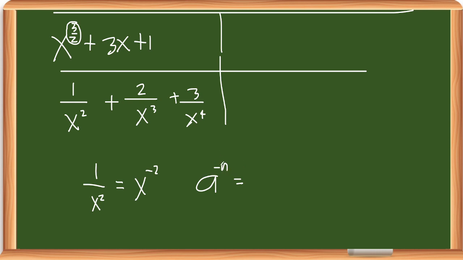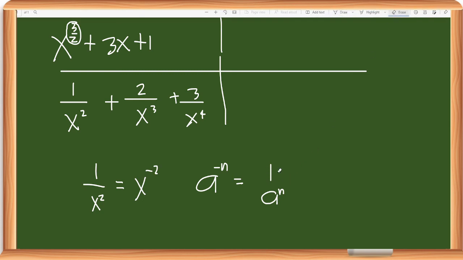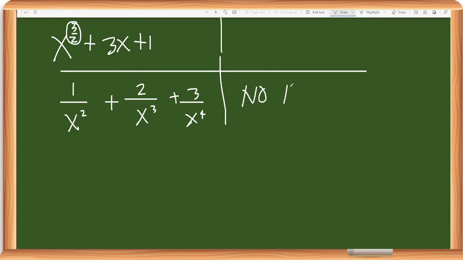So, to make the exponent positive, you have to get the reciprocal of the number. So, that is 1 over a. So that the exponent becomes positive, it is no longer negative. It's just that it is in the denominator. Okay? So, that means, when you see that the variable is in the denominator, then it is not a polynomial. Not a polynomial.